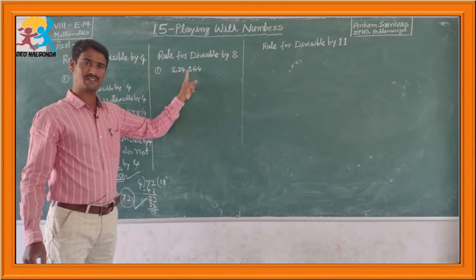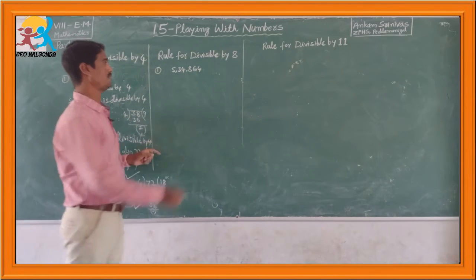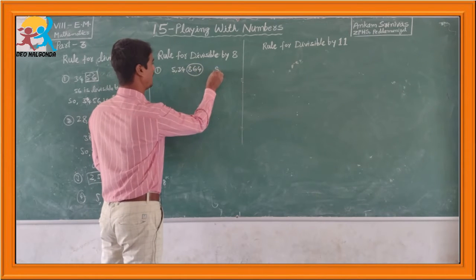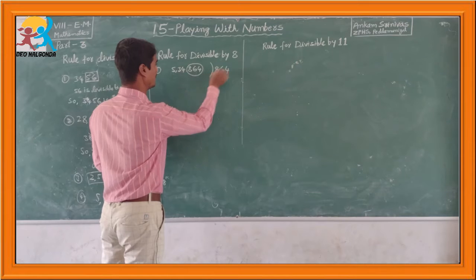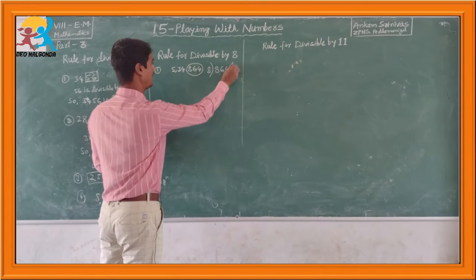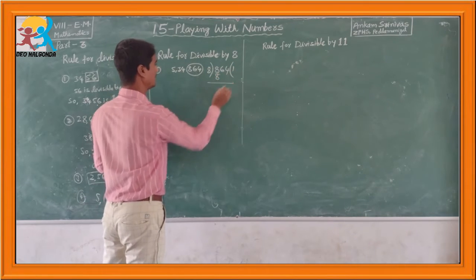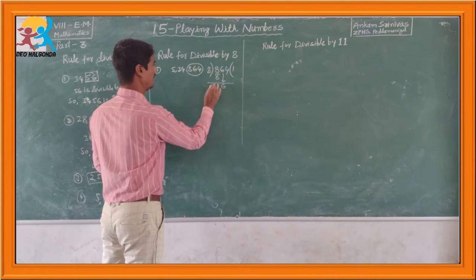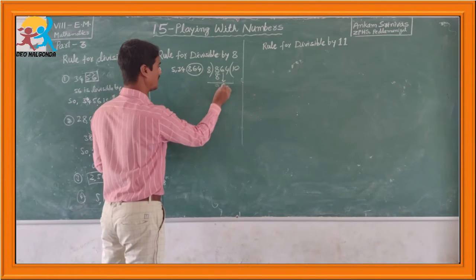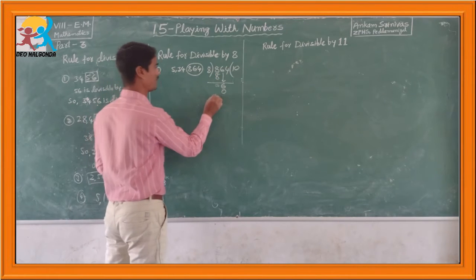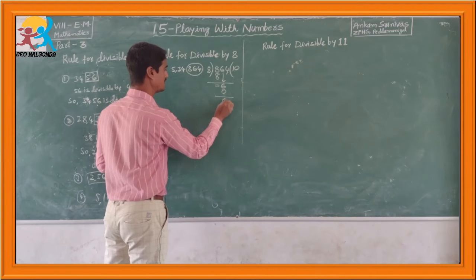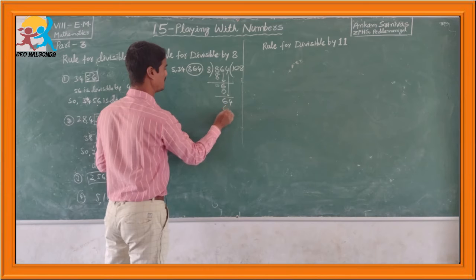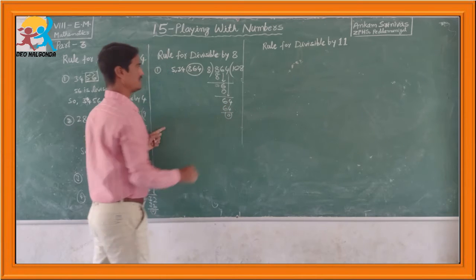To check whether the given number is divisible by 8 or not, take the last 3 digit number, 864, divided by 8. 8 ones are 8. 0. Take the 6. 8 zeros are 0. You take only a single digit at a time. And 6 minus 0, 6. Take 4. And 8 8s are 64. So the remainder is 0.